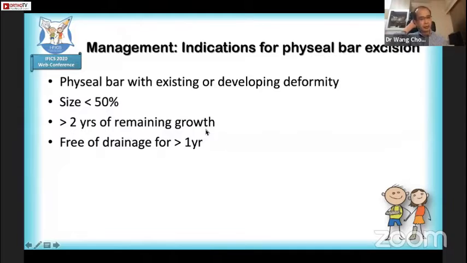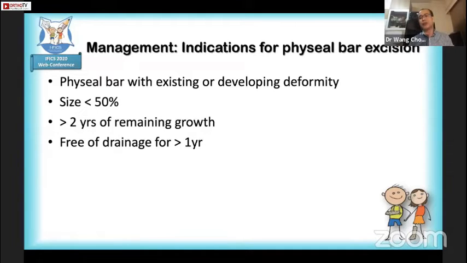The mere presence of a physeal bar is not an indication for excision. It is indicated only when there is evidence of a growth disturbance with existing or developing deformity, and if it's less than 50% of the size of the physis.